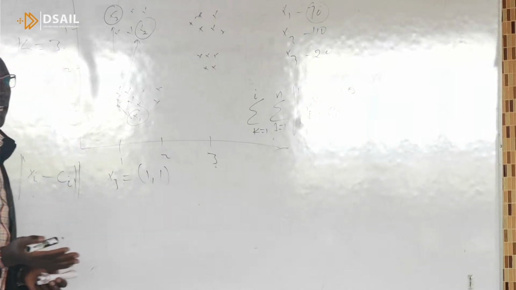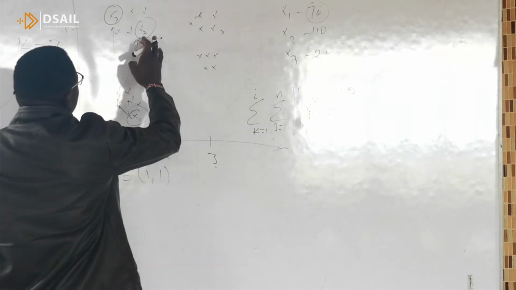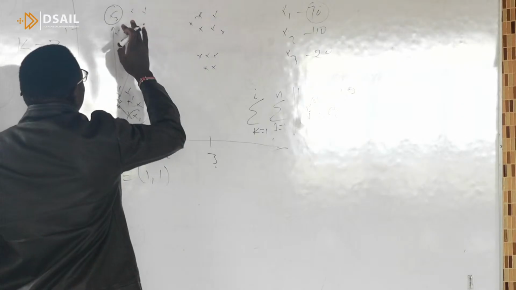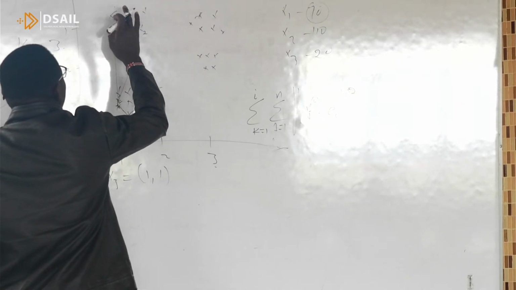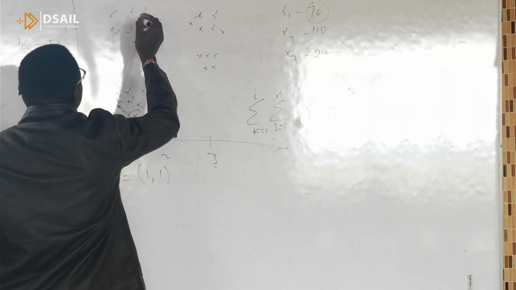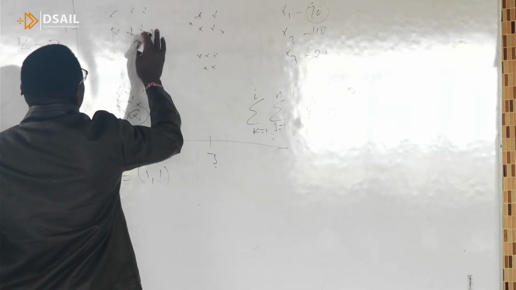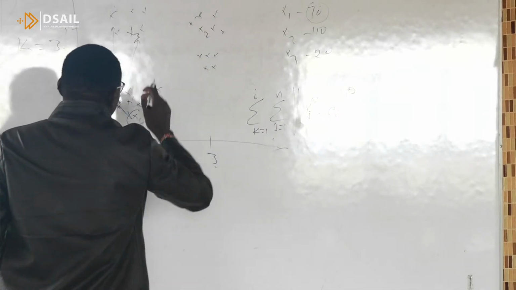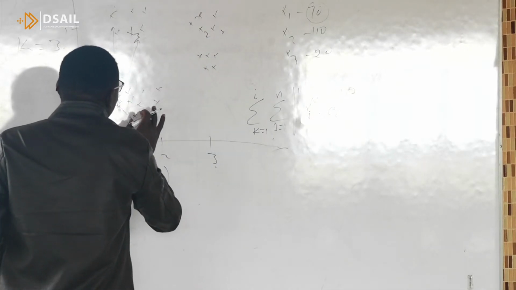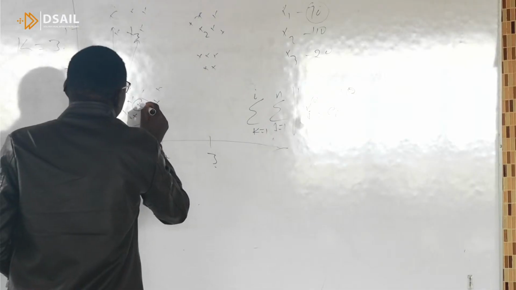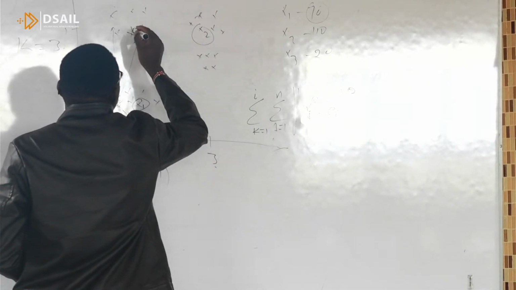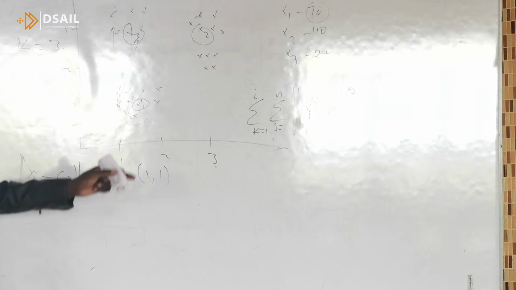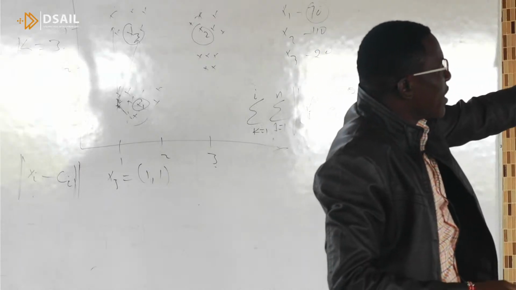If you are updating that, you may end up with new centers, maybe this as our x3, maybe x2 came here, and x1 moved from here to somewhere here. So you find that the centers have shifted.